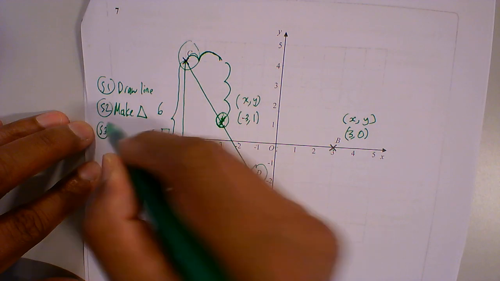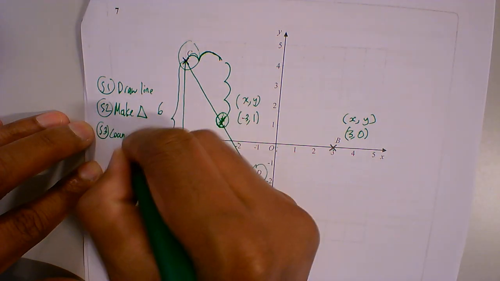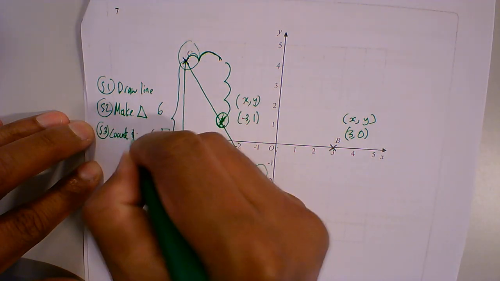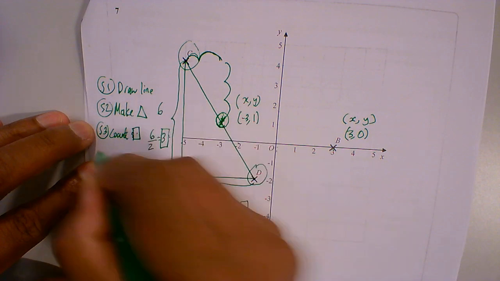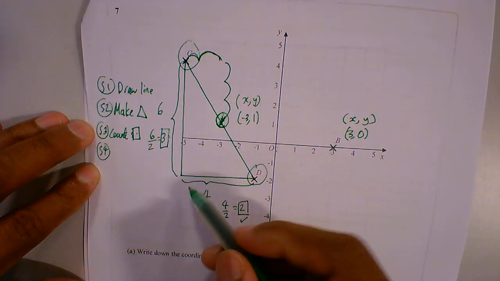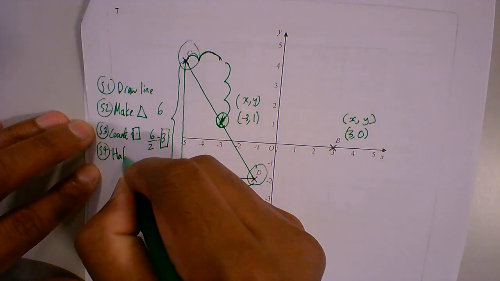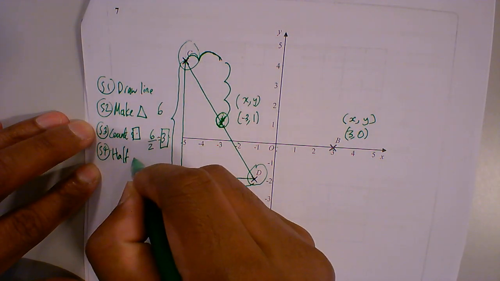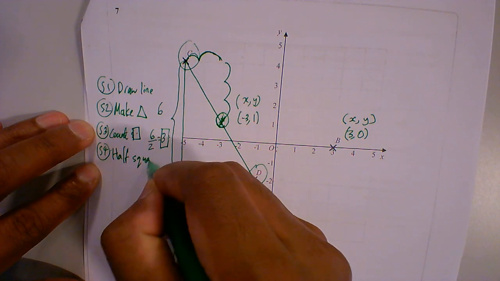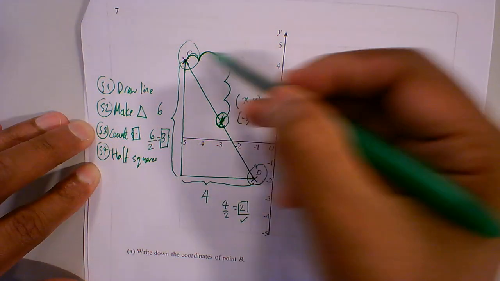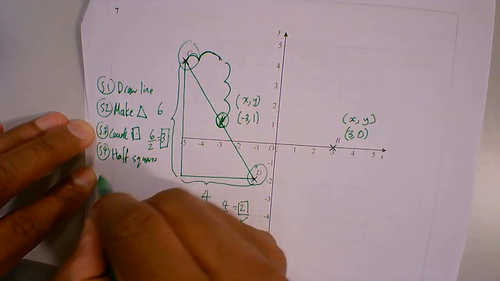Step 3, count squares. Step 4 is I then half the squares. And then step 5 is I add them on to the final coordinate.